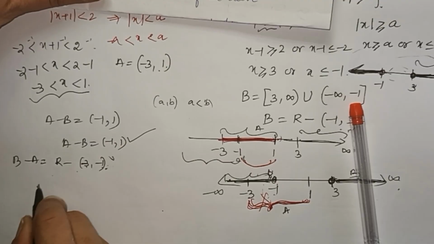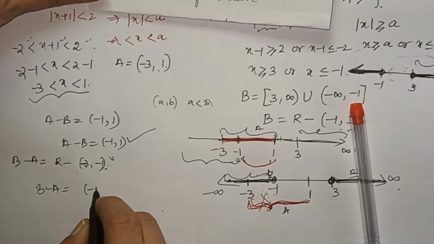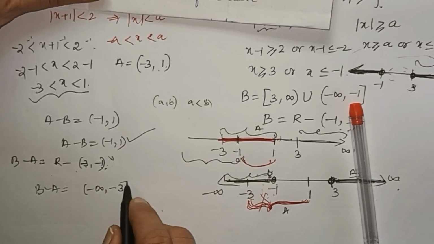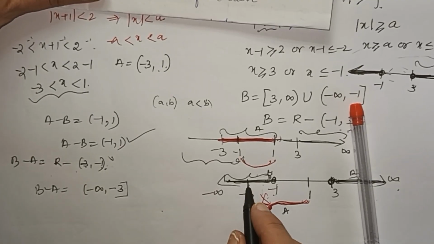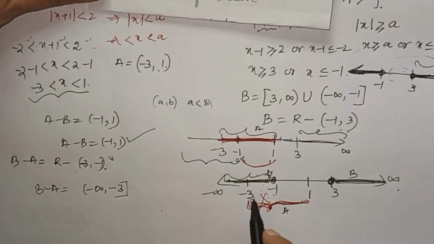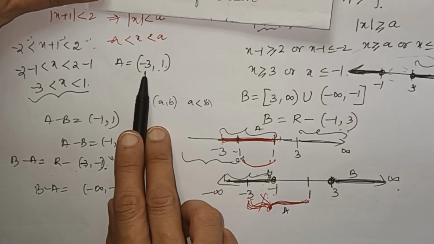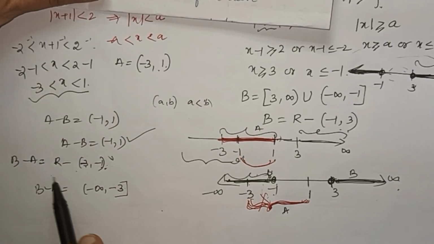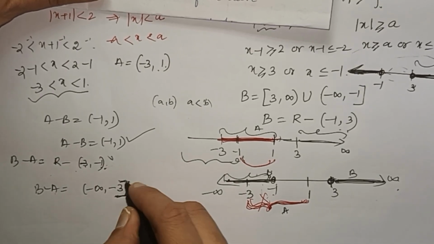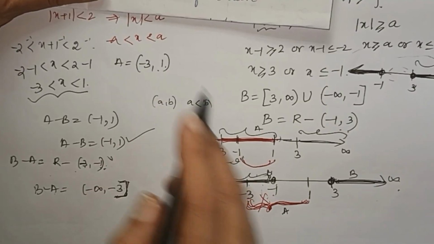So B minus A equals minus infinity to minus 3. Minus 3 is closed, because minus 3 is in B, but minus 3 is not in A. B minus A means all the elements of B which are not in A. So minus 3 also comes within B minus A, because it is an open interval in A.